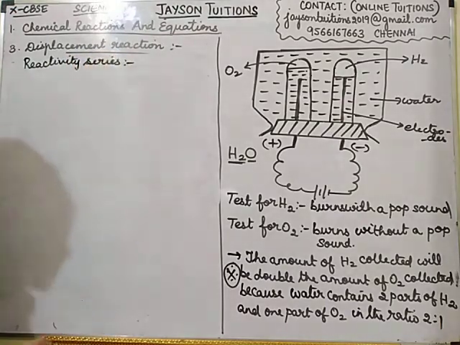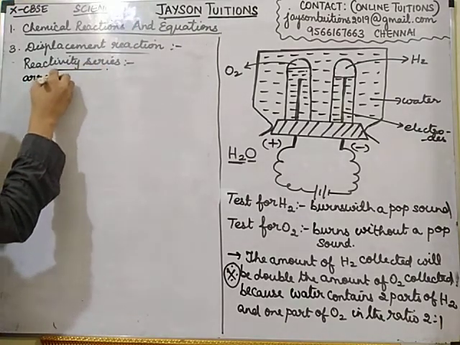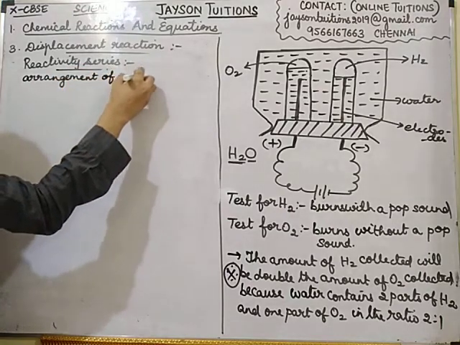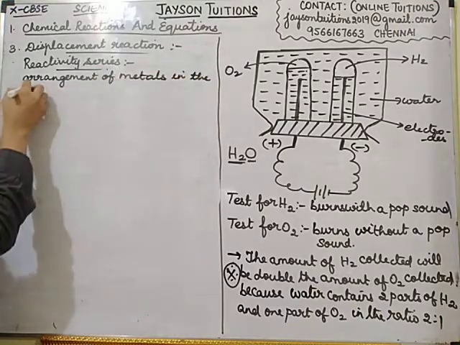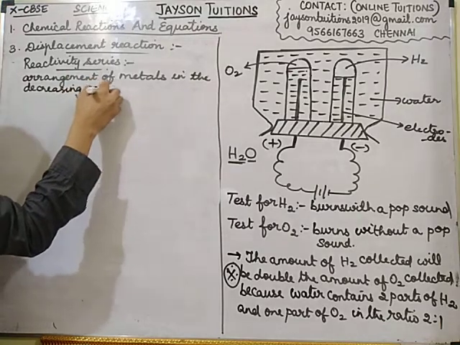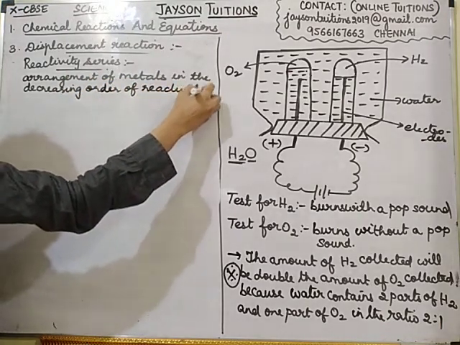What is meant by the reactivity series? Reactivity series is the arrangement of metals in the decreasing order of reactivity.